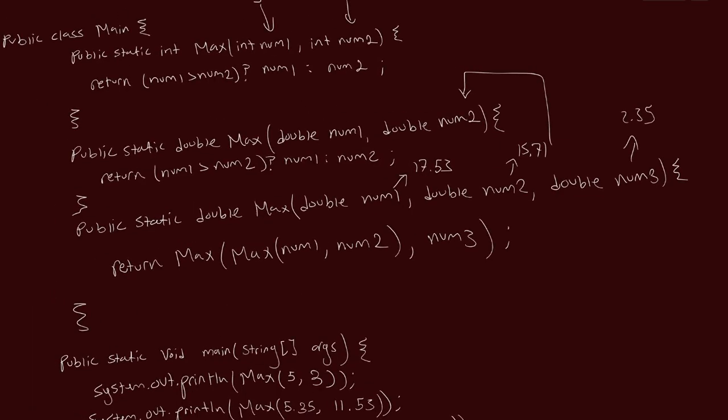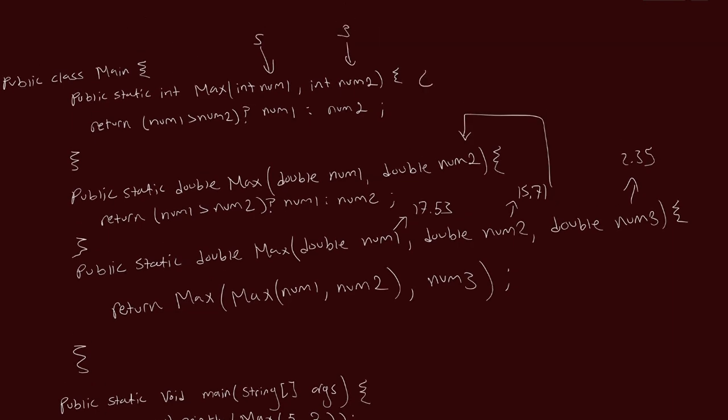So we're going to call a max method. I don't know if it's going to be this one or this one, but it's going to be one of those two. It's probably going to be this one because we're working with double values. So I pass in 17.53 here, 15.71 here, and then 2.35 here.